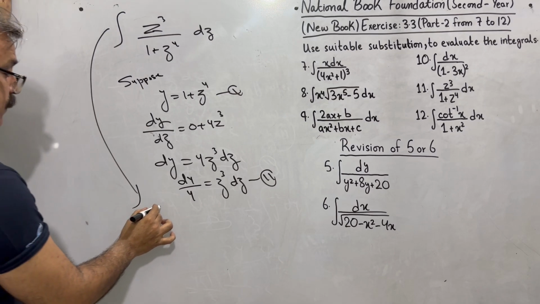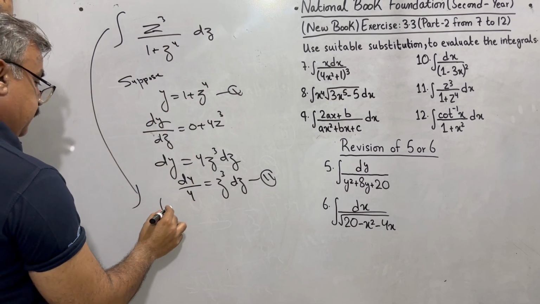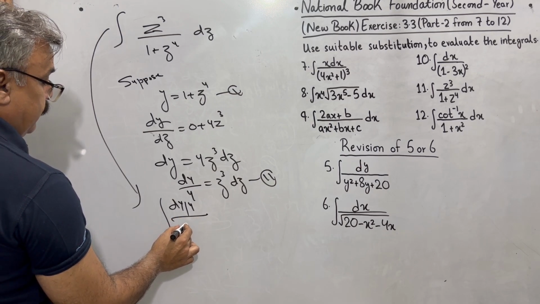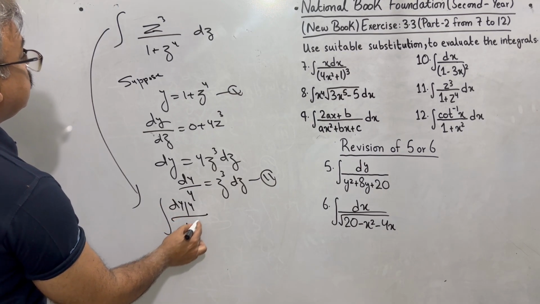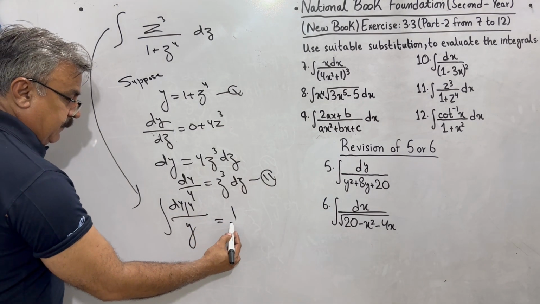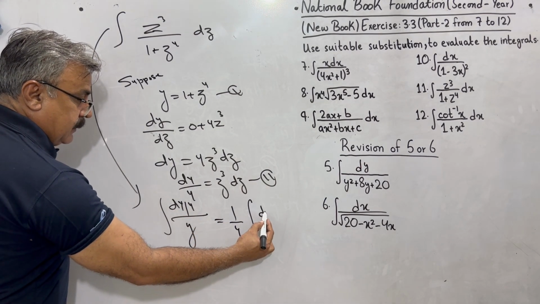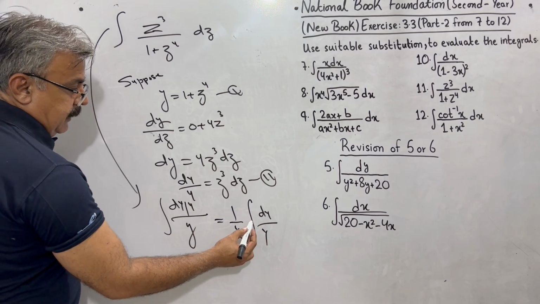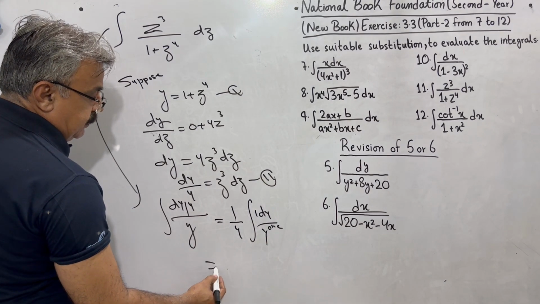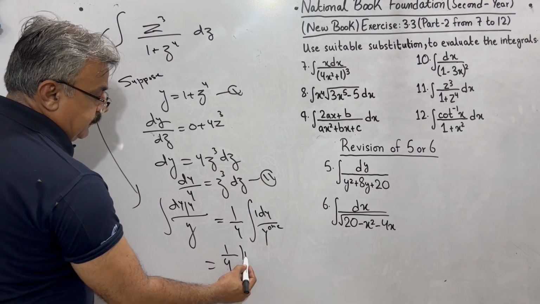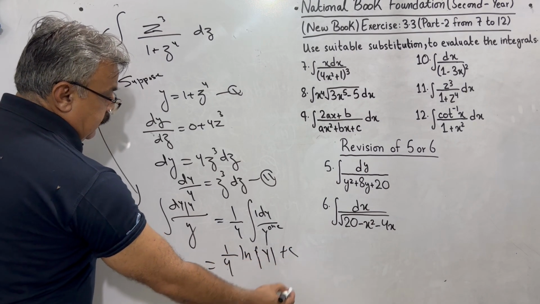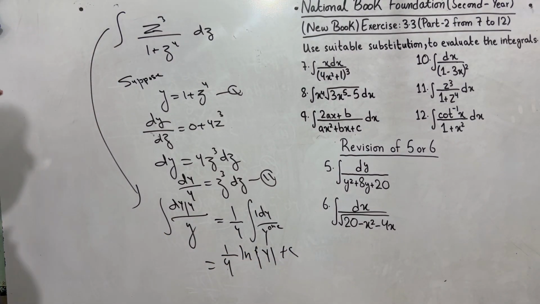Substitute in the original integral. Instead of z cube dz, we have dy over 4 divided by y, divided by y overall power 1. This 1 upon 4 is a constant, right, outside. 1 over 4 dy over y. Here function derivative having overall power 1 is the situation of ln of whatever is present in the denominator. We put the value of y, that is 1 plus z power 4.